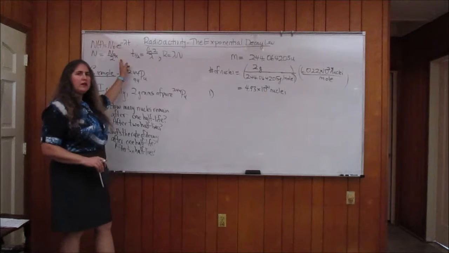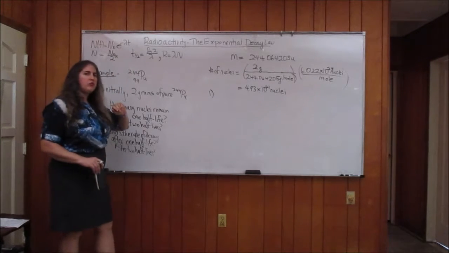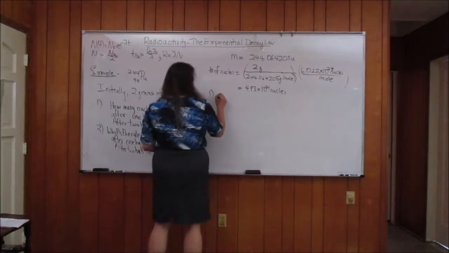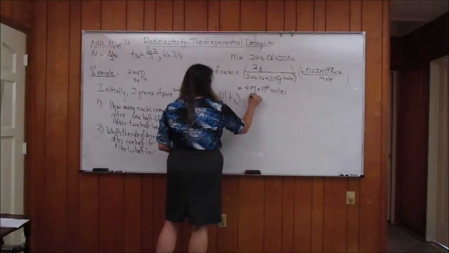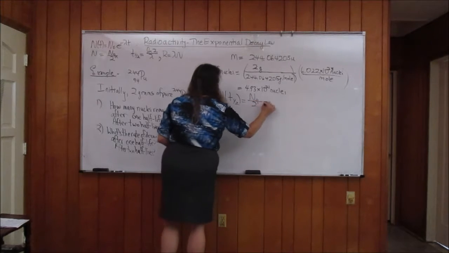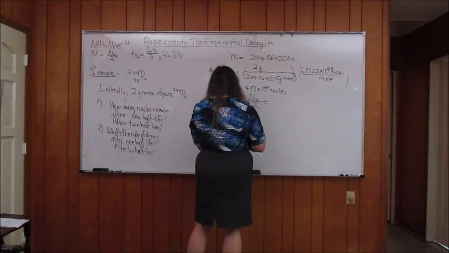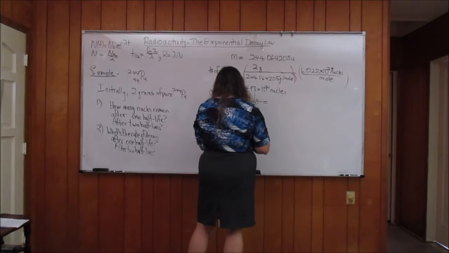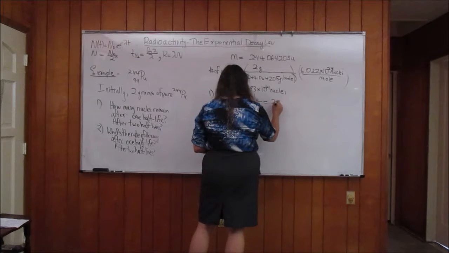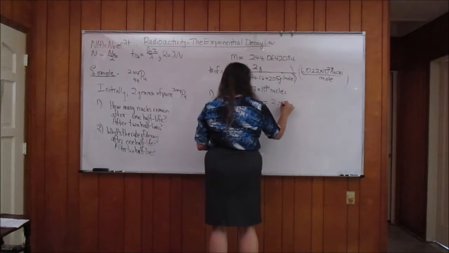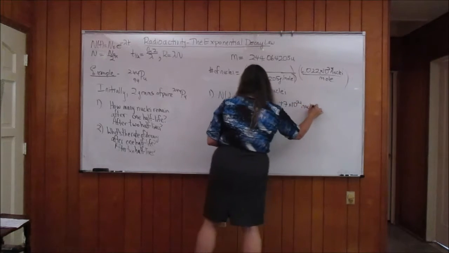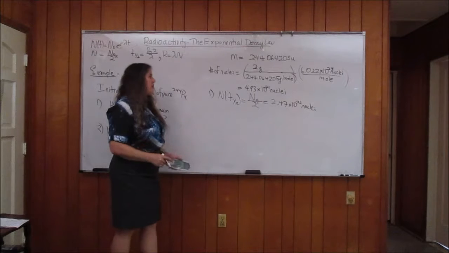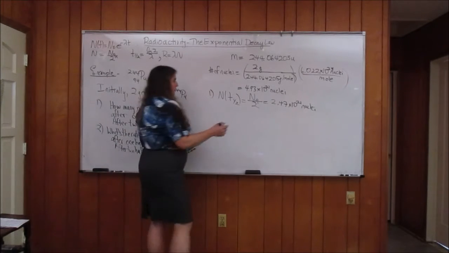Well, the easiest way to do that is to use this second expression for the exponential decay law. After one half-life, you'd expect half of the nuclei to still be there.